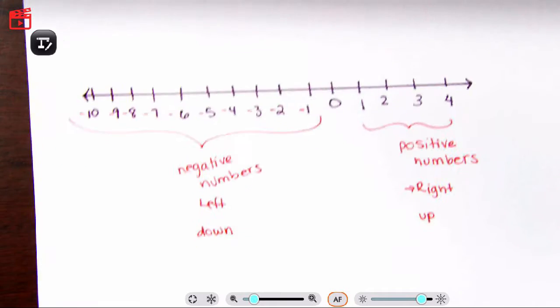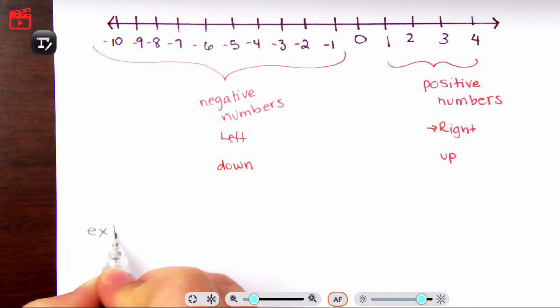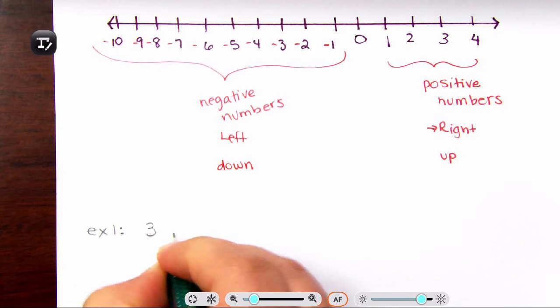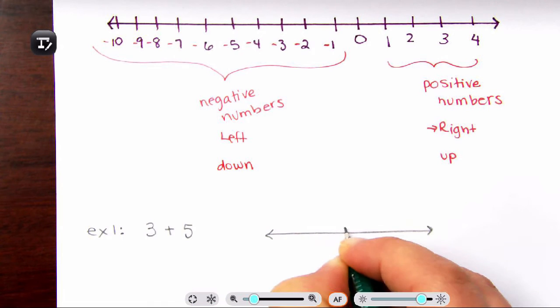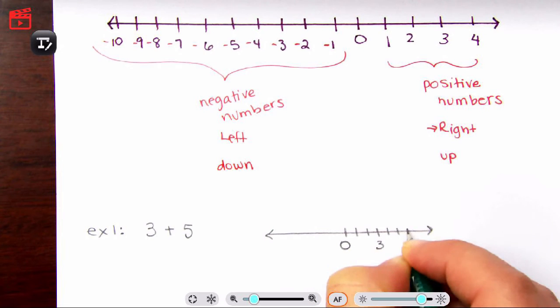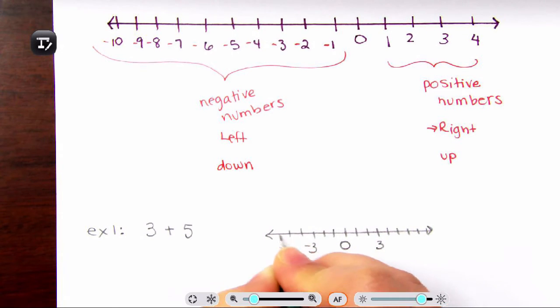All right, so how do we use a number line? Let's do a few examples here. We have 3 plus 5. Here's my number line. Here's 0, 1, 2, 3, 4, 5, 6, 7, 8, and on the negative side 1, 2, 3, 4, 5, 6, 7.